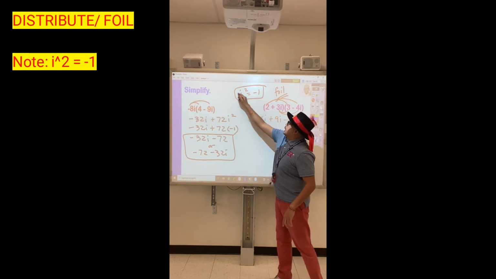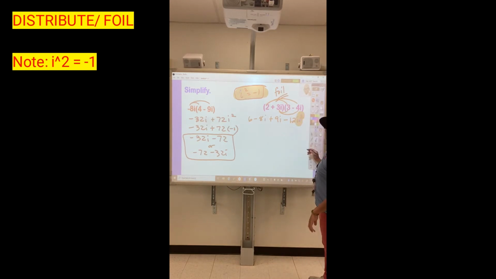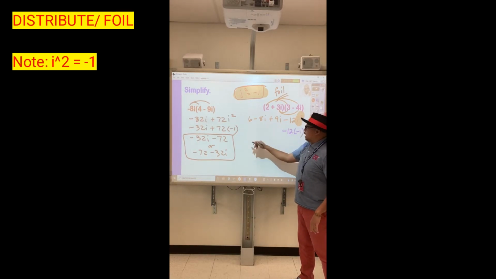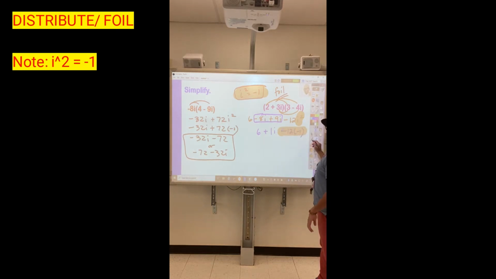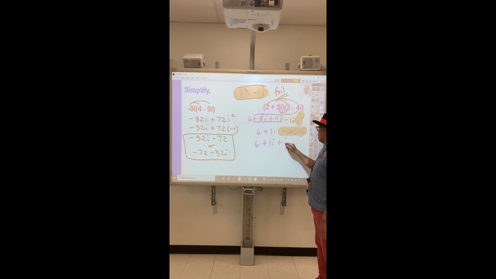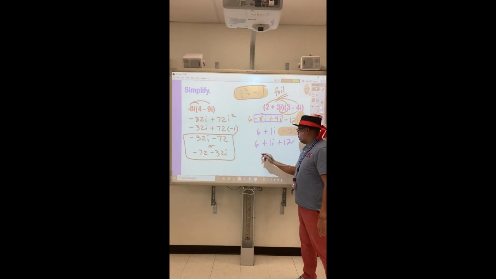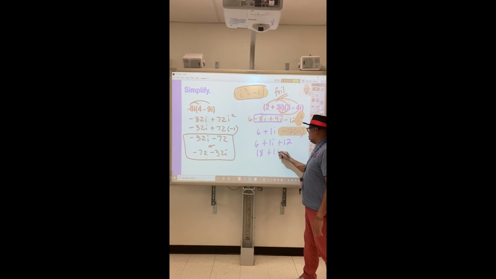Going back, what is i squared here, guys? i squared is equal to negative 1, so this will be negative 12 times negative 1. Do we have any like terms here? Yes. We have negative 8i plus 9i, which will give you 1i, and a 6 here. Negative 12 times negative 1 is positive 12. Combine the like terms, 6 plus 12 is going to give us 18 plus 1i. And that's how we get it simplified.